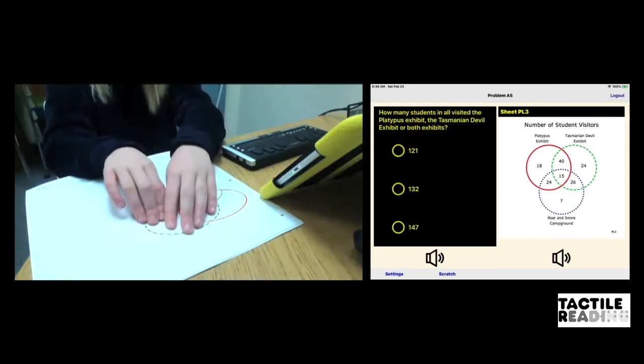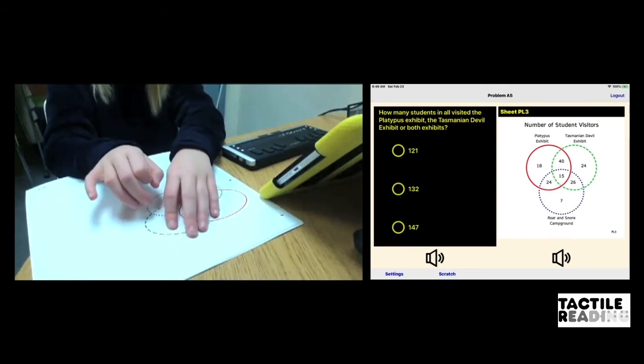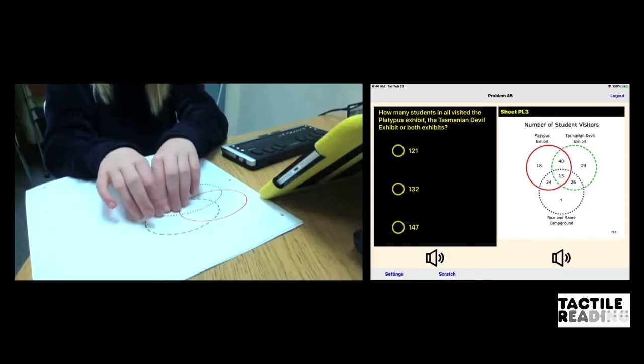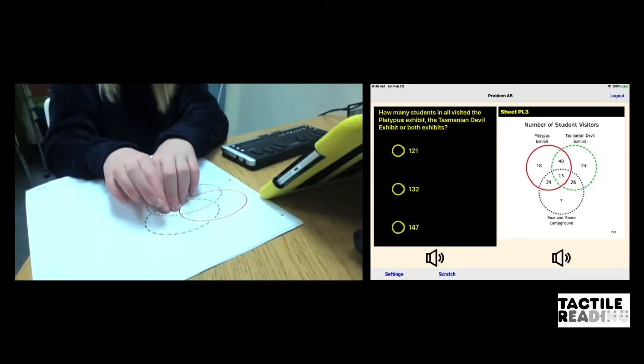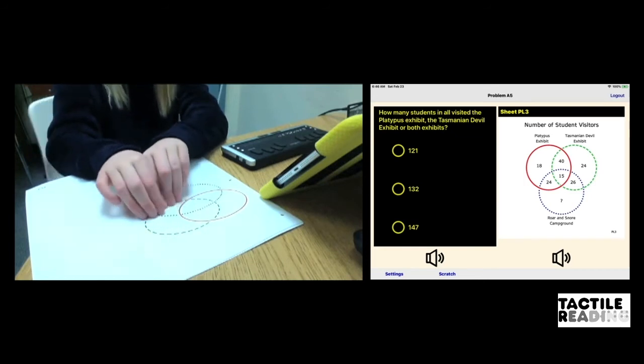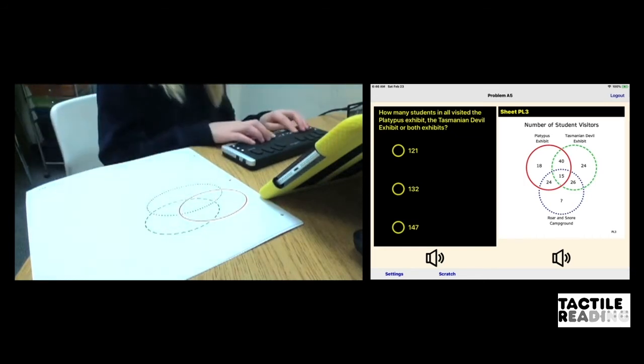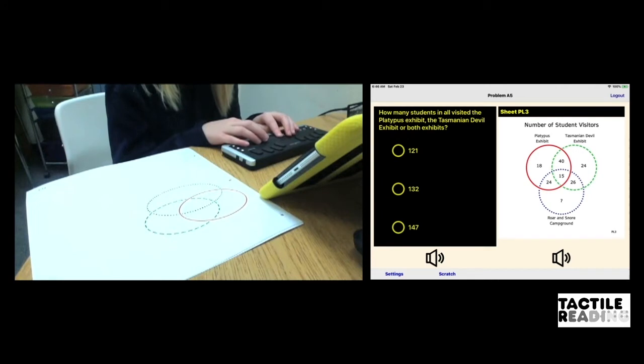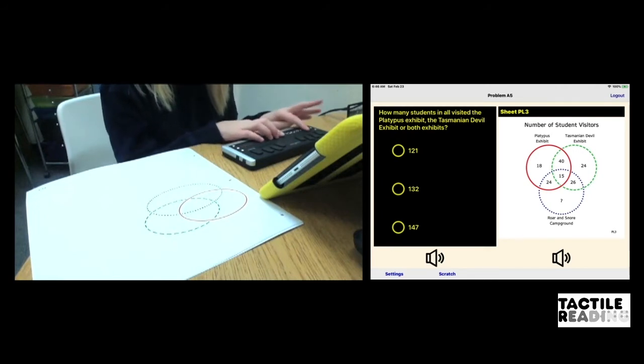Now she is in the Tasmanian devil exhibit, has read the numbers, adding more numbers on her fingers, looking at the intersection, and going back to her Braille display. 147. Correct answer.